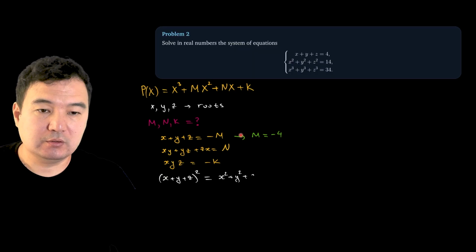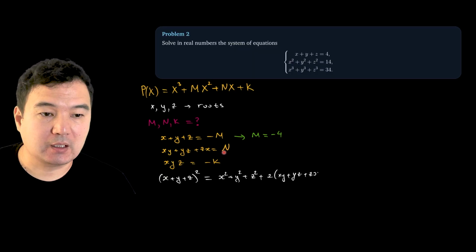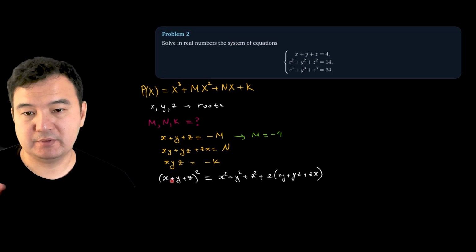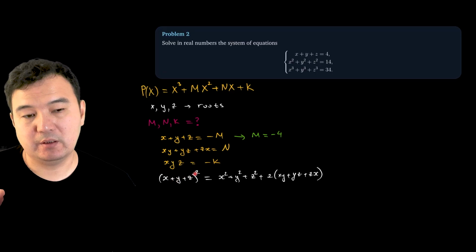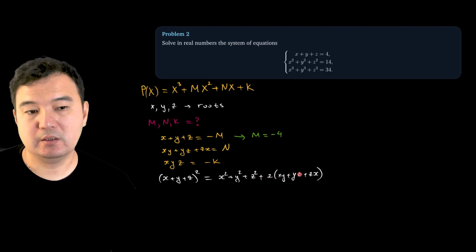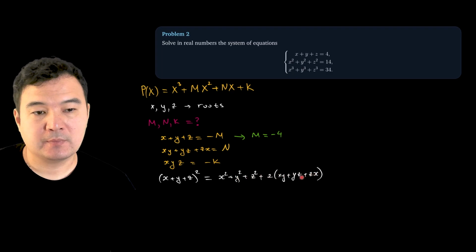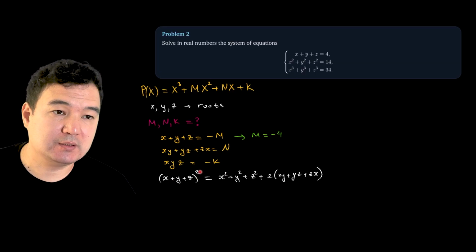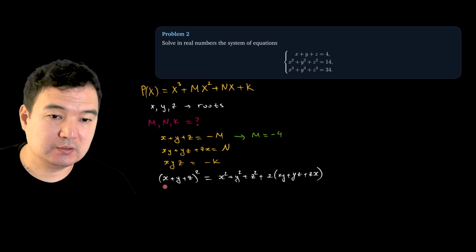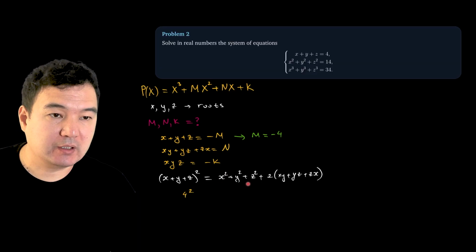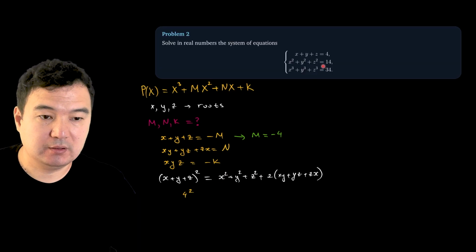In order to find n, I can use the square of the sum of three numbers: x plus y plus z squared is equal to x squared plus y squared plus z squared plus 2(xy plus yz plus zx). I know some of the values. x plus y plus z is 4, so this part is 4 squared. Here x squared plus y squared plus z squared is 14.